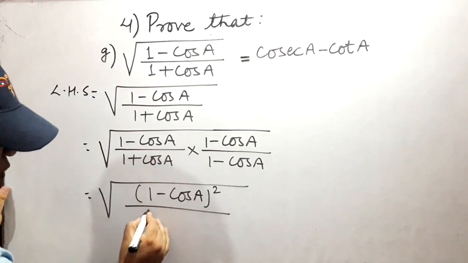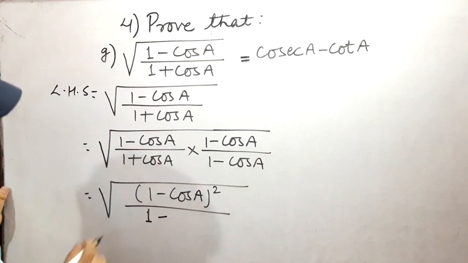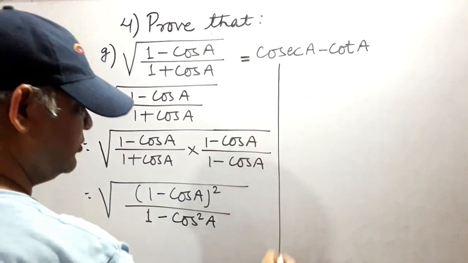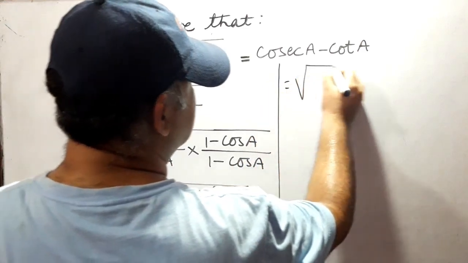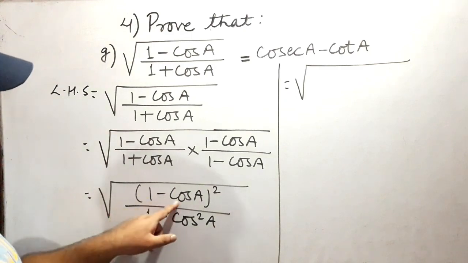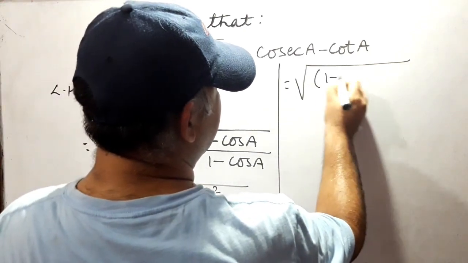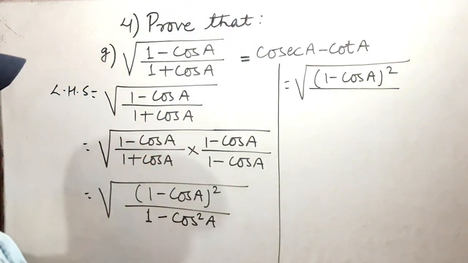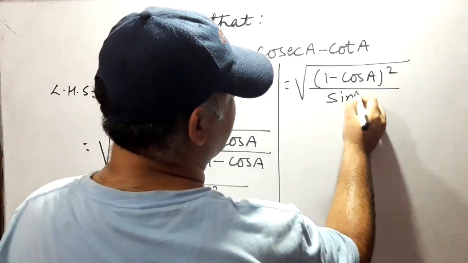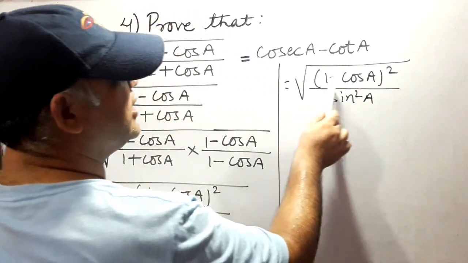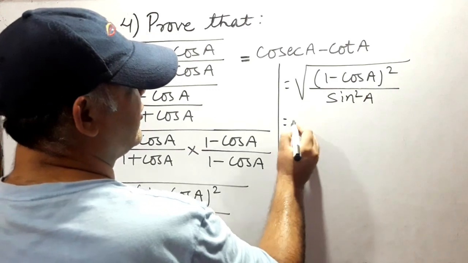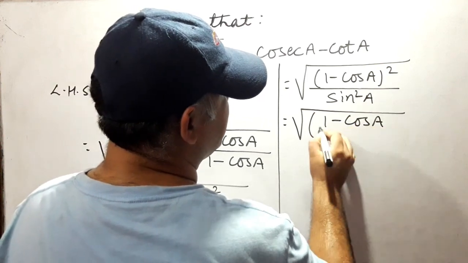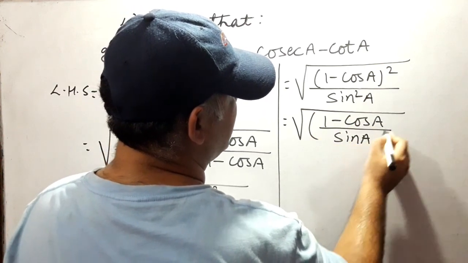So A square, that is 1 square, which is 1, minus B square, that is cos square A, equals square root under (1 minus cos A) whole square as it is, by 1 minus cos square A, which is equal to sin square A. Now let's keep 1 minus cos A and sin A under the same square: (1 minus cos A) by sin A whole square.